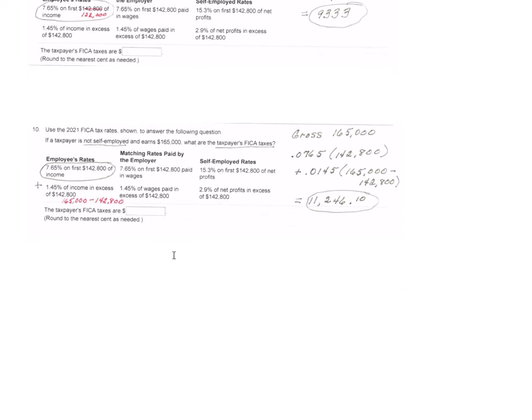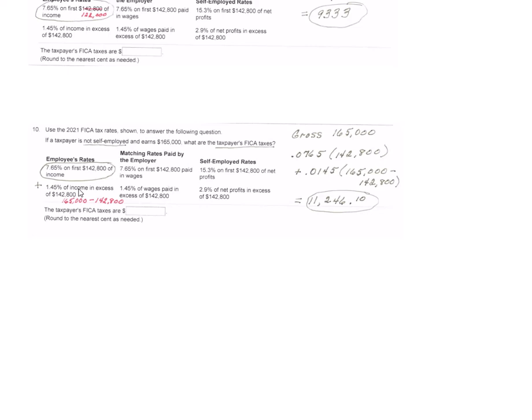All right, this last one, this person makes a little more money. They're not self-employed, but they are an employee, and they earned $165,000. Now, $165,000 is greater than this. So we have to go down here, and it says to pay 1.45% on the rest of it, on everything in excess of $142,800.